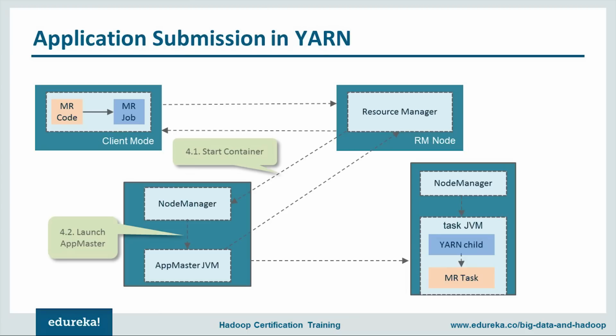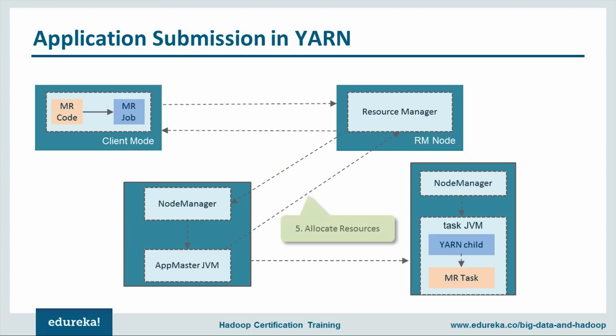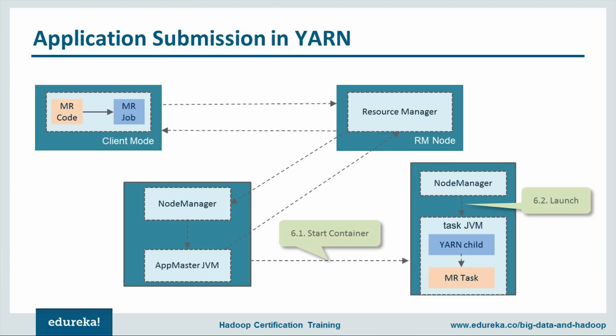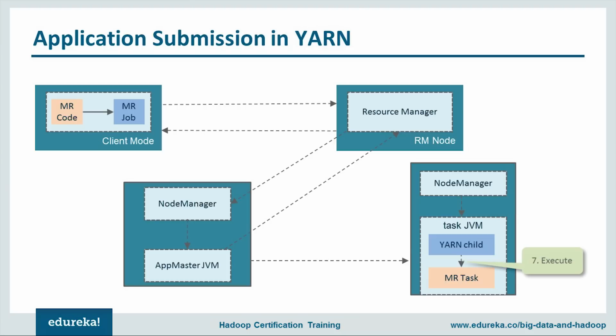Then the resource manager starts the container where the app master is launched. The app master gathers all the resource requirements to run that job and asks the resource manager to allocate all the resources. After that, when all the resources are provided, the node manager launches and starts the container. This is where the job executes.